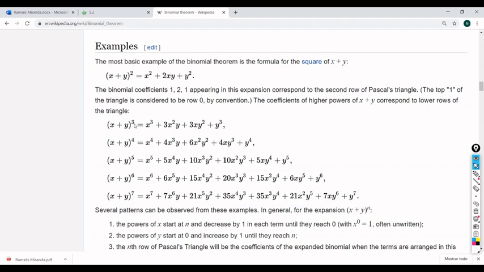X plus y to the 3, and then we're going to begin with x to the 3. Same here, 4, 4, 5, 5, etc. Okay, so the exponents in the x go downwards, the exponents in the y go upwards. This is y to the 0, or basically no y. This is y to the 1, you see, y to the 2, y to the 3. The same for the rest of them.